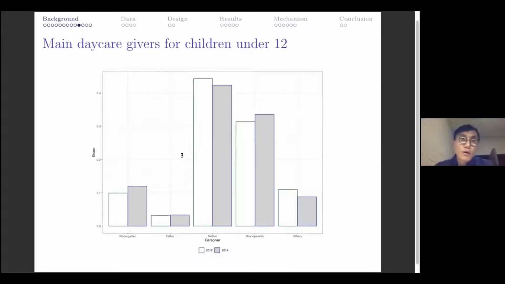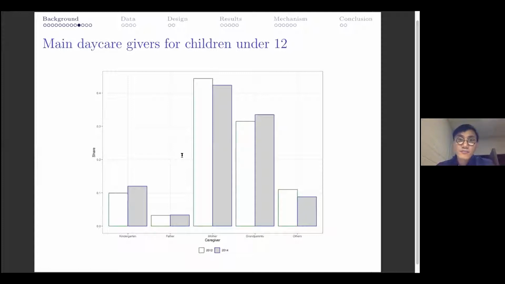So why does our study matter? This is because in China, a large proportion of children are mainly taken care of by their grandparents, especially in rural areas. In this bar plot, the bars show the rate of children that are mainly taken care of by the father, mother, grandparents, or themselves, and the percentage of grandparents that mainly take care of their grandchildren is about 1/3, or more than 30%.